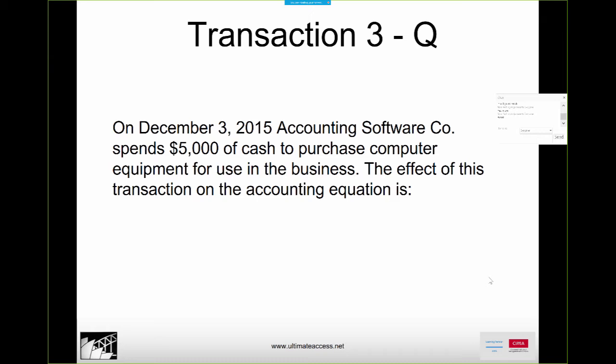Now you have accidentally debited your purchases account. It should go to asset. What do you think? What now from the purchases account, how will you take it out? That's the question, right? How will you take it out?